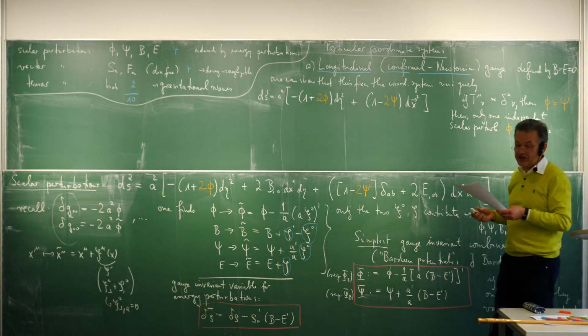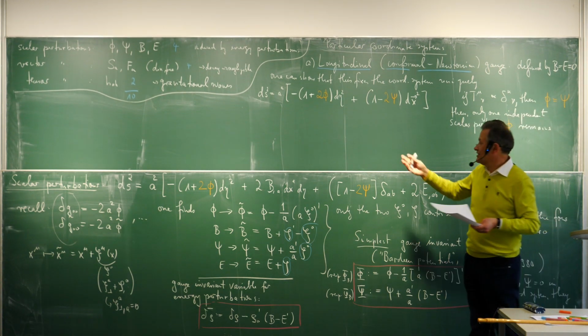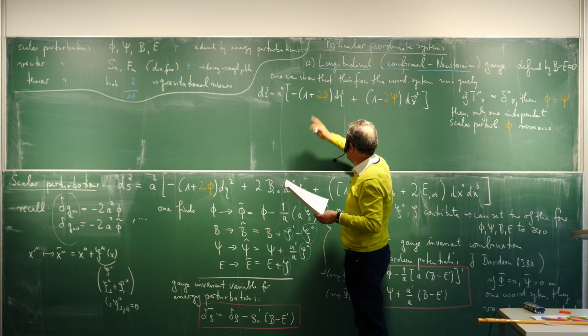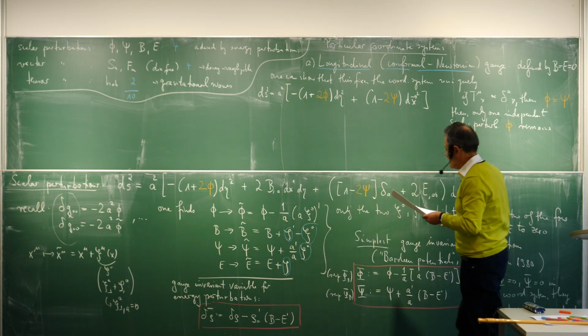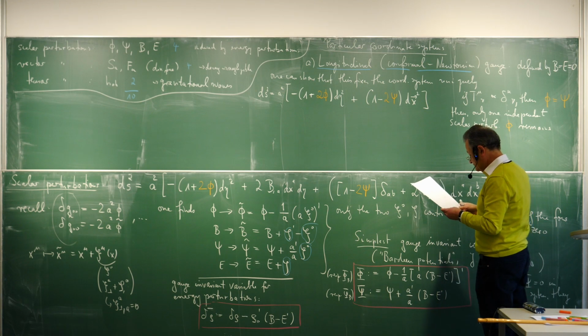This is really the generalization of the Newtonian potential, because then we have here 1 plus 2 phi, and here also 1 minus 2 phi.